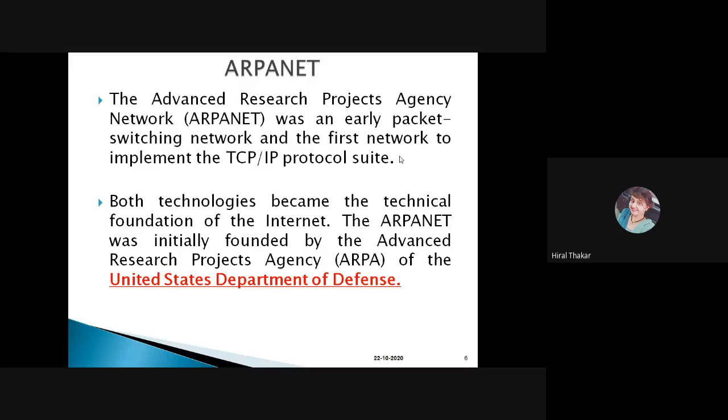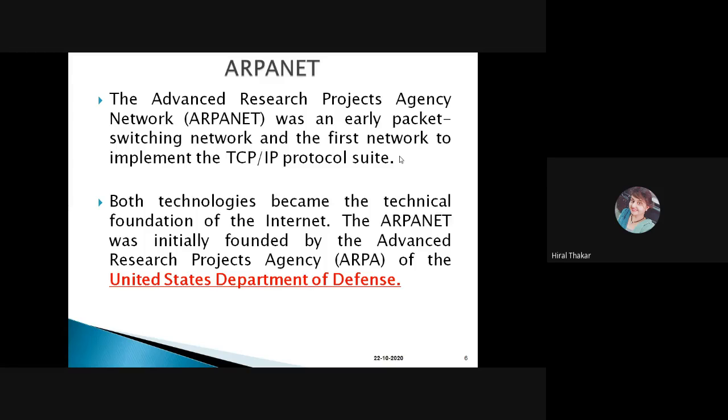It used packet switching for communication. Now what is the meaning of packet switching? Listen to me carefully. When we send something on the internet, it divides the entire information into small packets, and all the packets will travel on the internet.